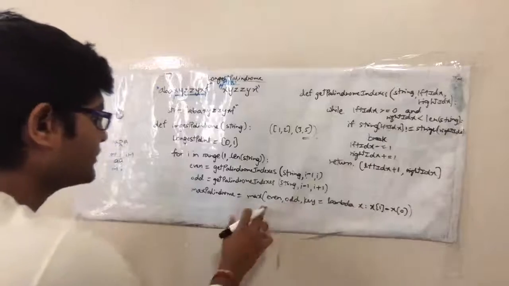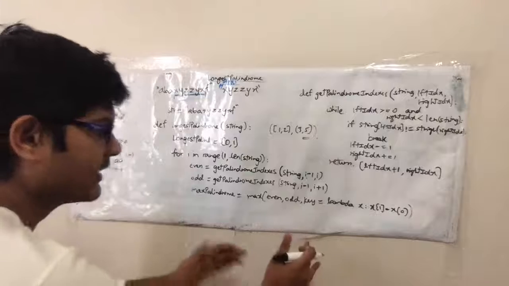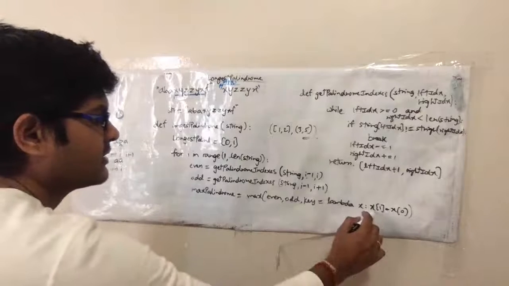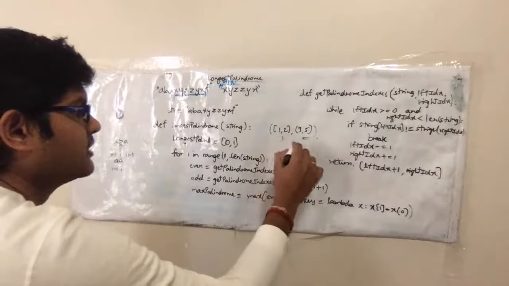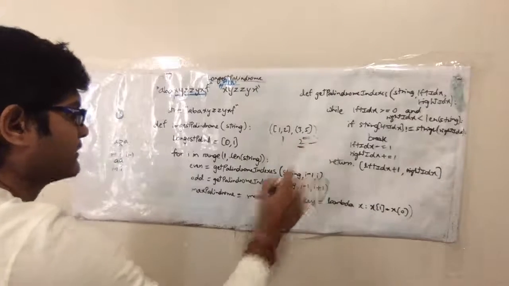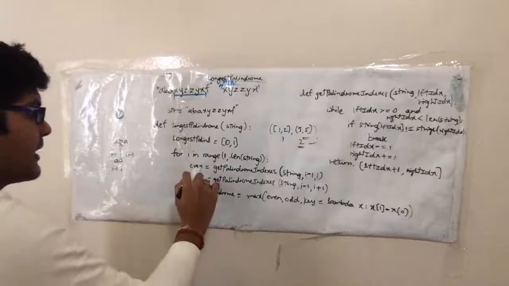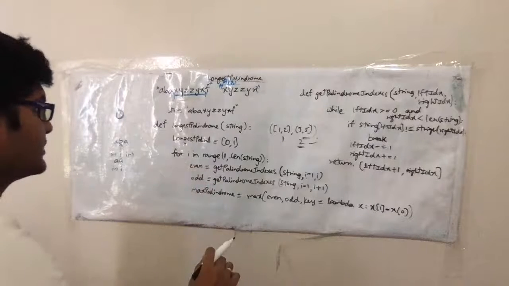So this will calculate the even and odd lengths by calculating x1 minus x0. So this will give 1, this will give 2. So this will become the max. Okay, so we got the maximum palindrome by comparing the even and odd positions.